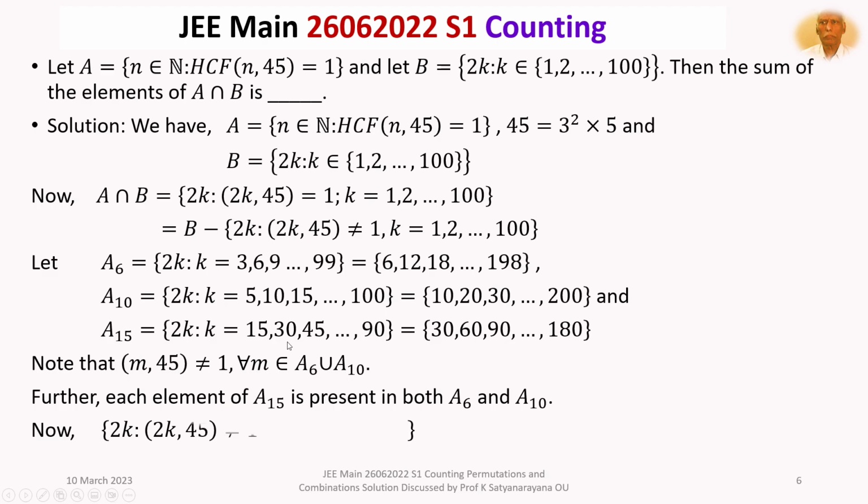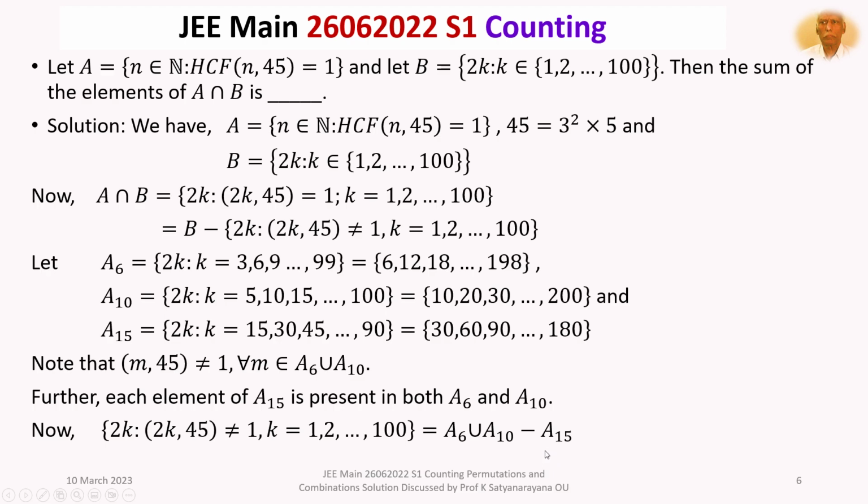So now from B, we have subtracted a set. That set is the set of 2k such that the GCD of 2k and 45 is not equal to 1, for k equal to 1 to 100. This will be precisely A6 union A10. But A15 is appearing both in A6 and A10.